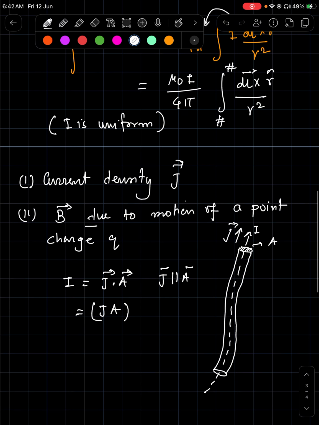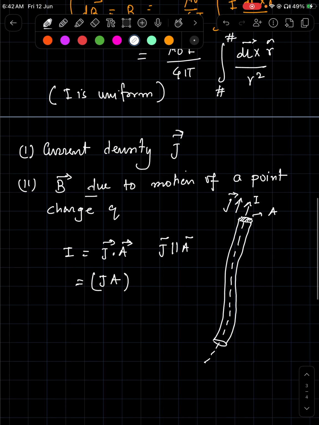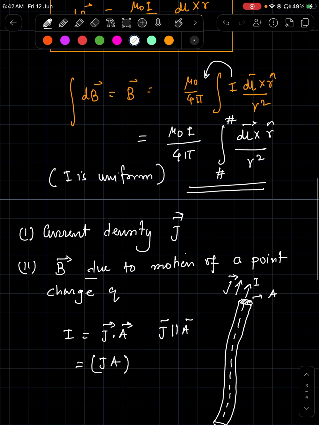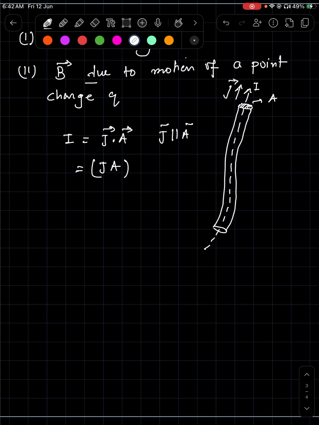So now we are going to put this expression in here, to find the magnetic field due to the whole wire. So the magnetic field B equals mu naught by 4 pi, and I am taking I inside, so that is J A, into dl cross r cap by r square.